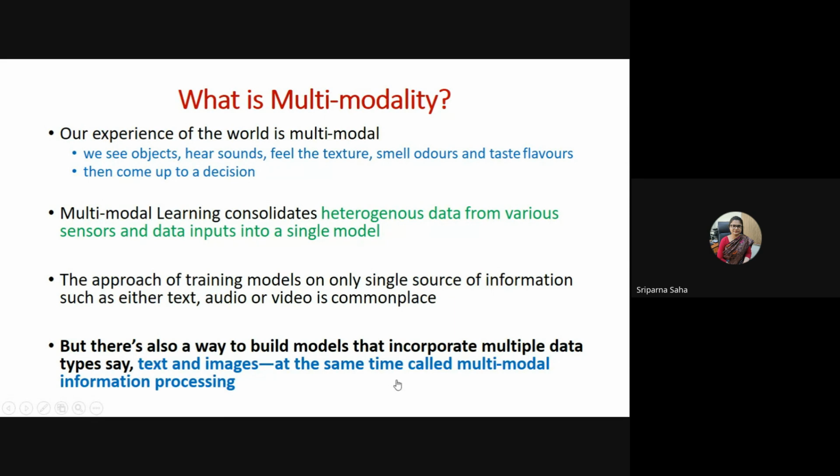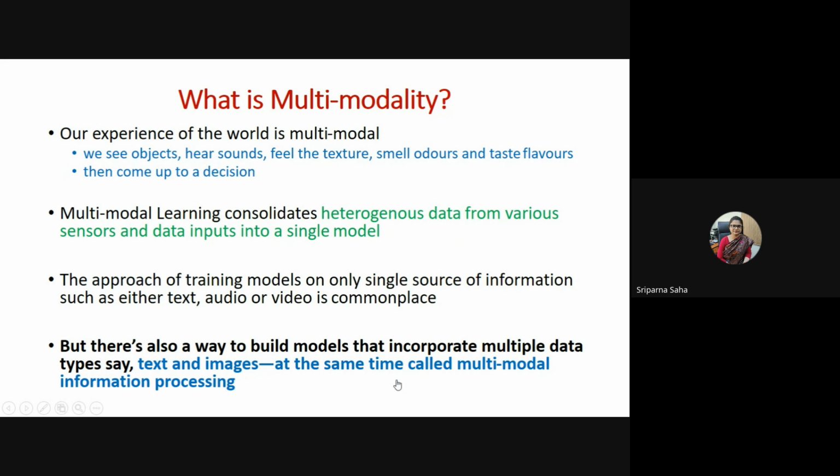That is called multimodal information processing. You have heterogeneous information sources, you collect the data from them, and then you take a decision.